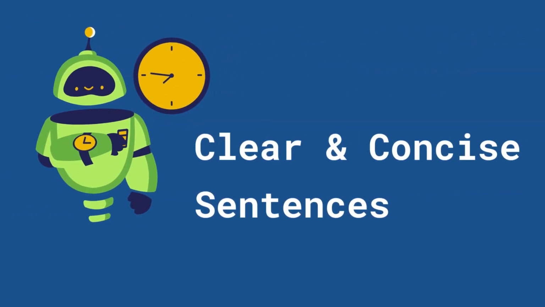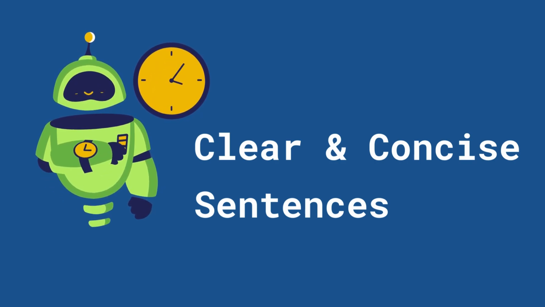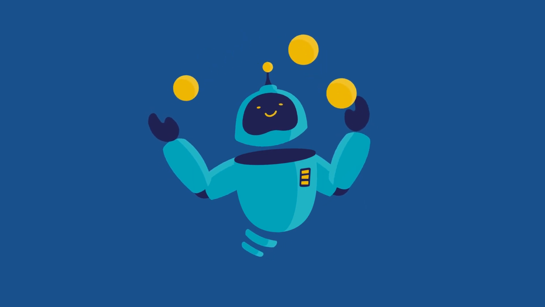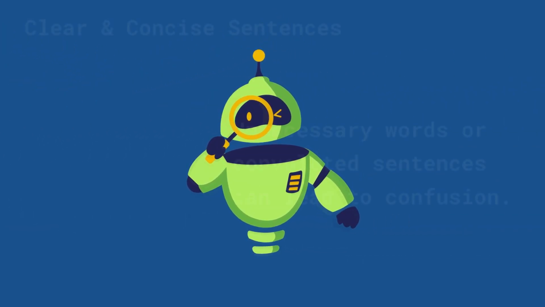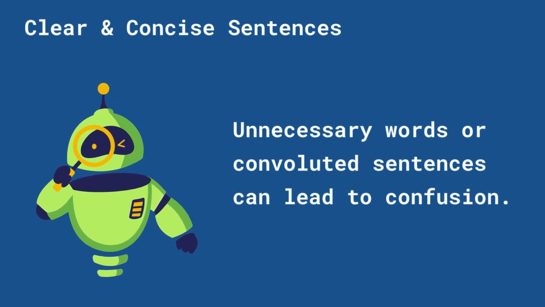You've probably heard the expression, less is more. That can also be the case in academic writing. You want to find the balance between meeting the requirements of the paper you are writing, but also make it easier for readers to understand your points. Unnecessary words or convoluted sentences can lead to confusion and make it seem like you don't actually know what you're talking about.